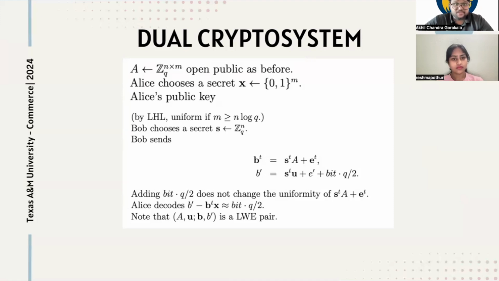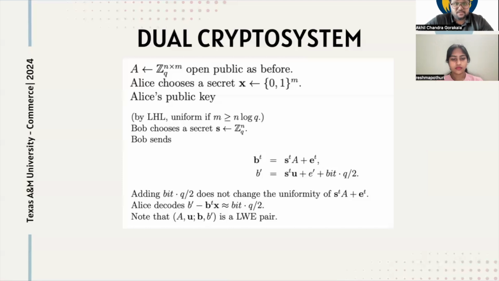Coming to encryption, Bob generates two ciphertexts, where b transpose equals s transpose A plus e transpose, and b hash equals s transpose u plus e hash plus bit times q by 2. The second ciphertext is modified by adding a term bit times q by 2, where bit is a binary value.